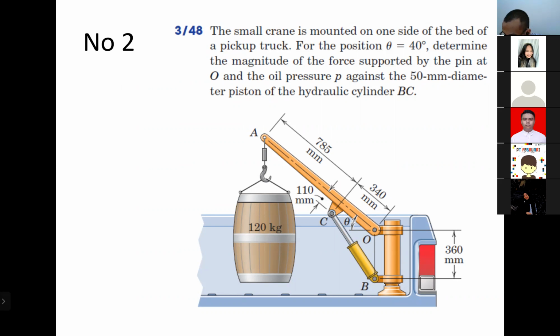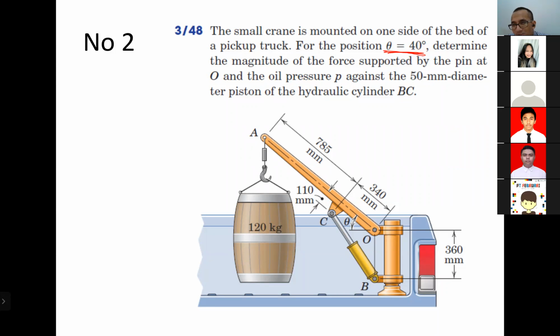The small crane is mounted on the side of the bed of the pickup truck. For the position of theta equal to 40 degrees, determine the magnitude of the force supported by the pin at O and the pressure against it. What is this, Meryl? I'm sorry, sir, I just don't understand the question that much.